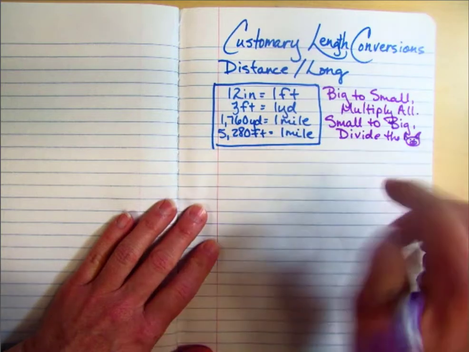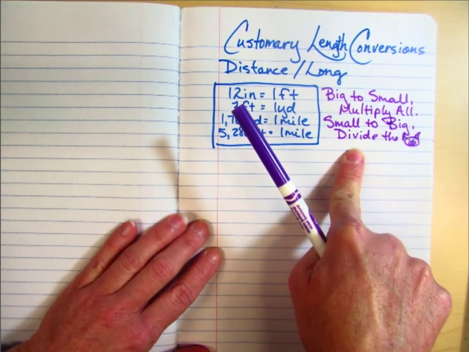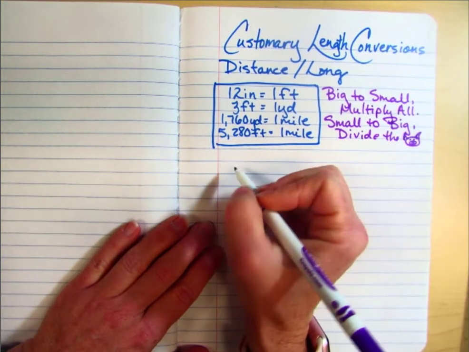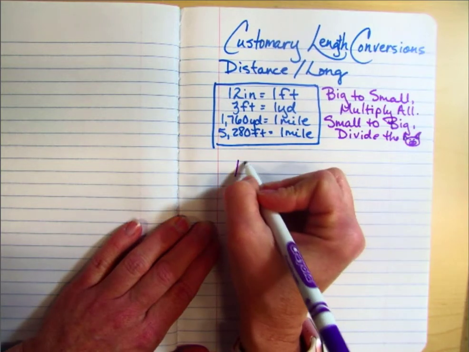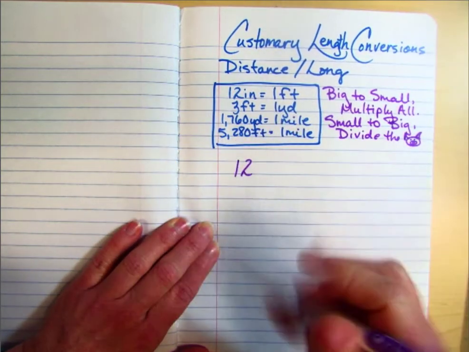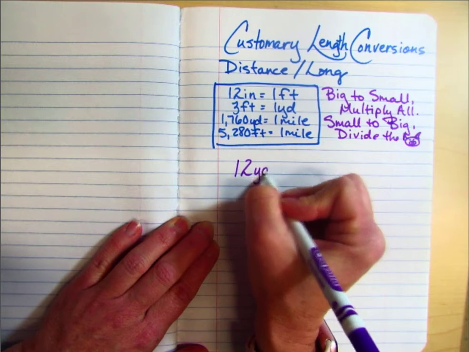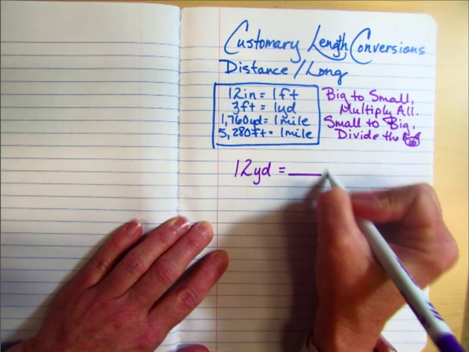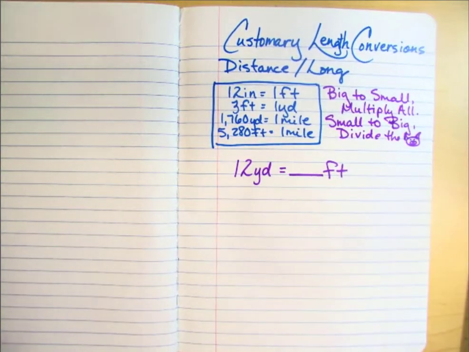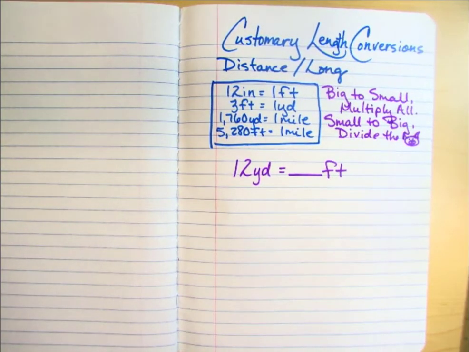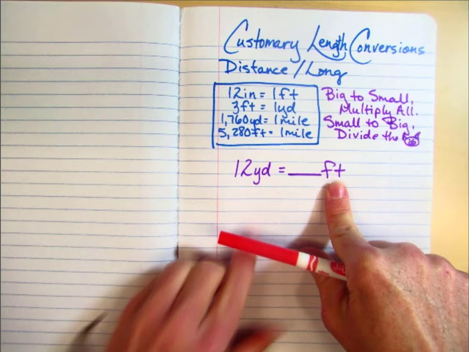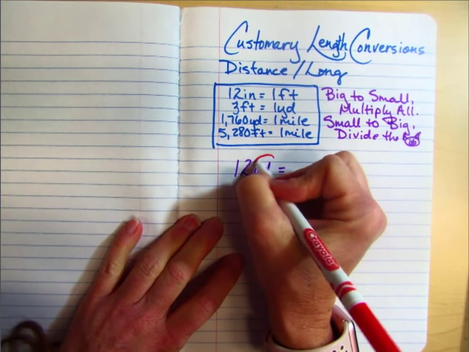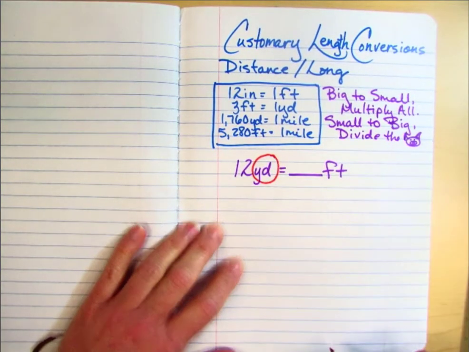So let me show you what this looks like in a problem. I'm going to set all of these up the same way every time, and you can always use this conversion chart to help you get through. If I want to change 12 yards into feet, I'm going to look for my big. What's bigger, a yard or a foot? Well, my yard's bigger than a foot, obviously, so I'm going to circle my big.